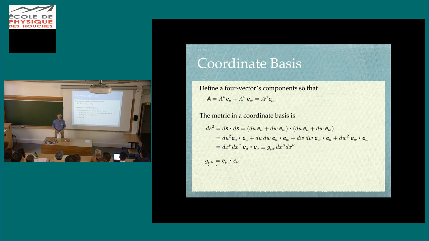You can do that in flat space-time. You can't do that in curved space-time. That's basically the only difference. So this is a generalization of the Cartesian coordinate systems we're used to, but one that's way more flexible in terms of being able to deal with all kinds of coordinate systems.